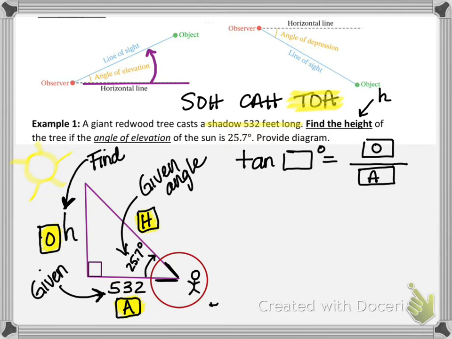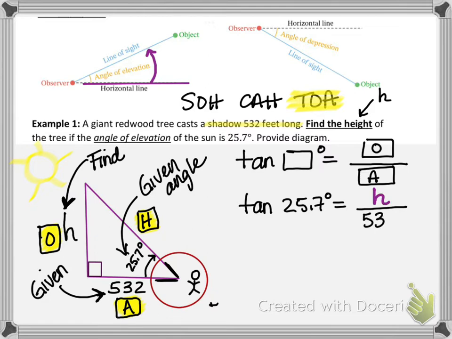Okay, so now I'm going to fill in those blanks. Tangent, am I given an angle? Yes, it's 25.7 degrees. Equals, am I given an opposite length? No, that is my H that I'm looking for. The H is with my O. Am I given an adjacent length?